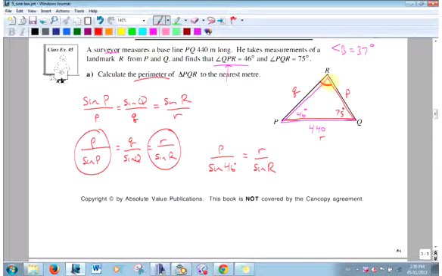What's this angle here? 180 minus 46 minus 75 is, what'd you say, Donna? Do we believe him? Okay. That's 59 degrees. And R is 440. Okay. I can do this. I only have one variable. How do I solve that for little p, the side length?